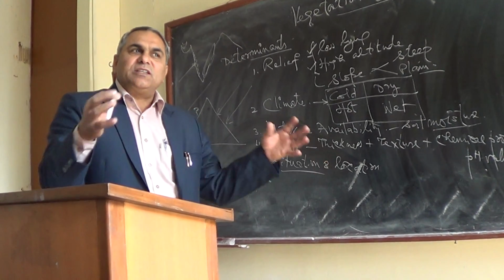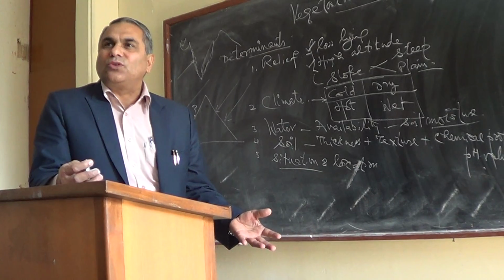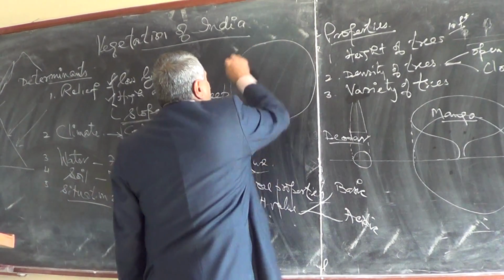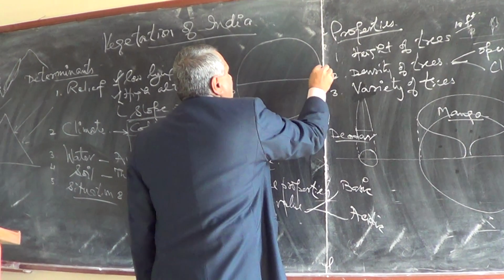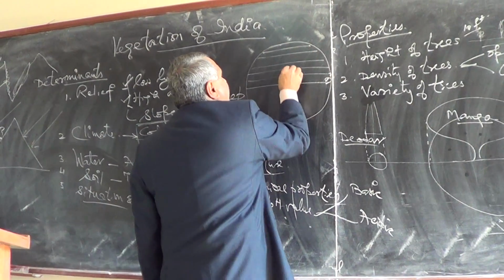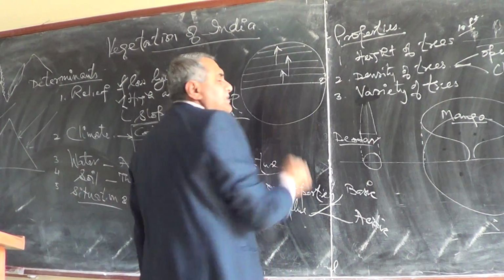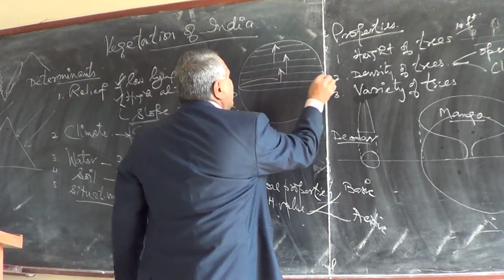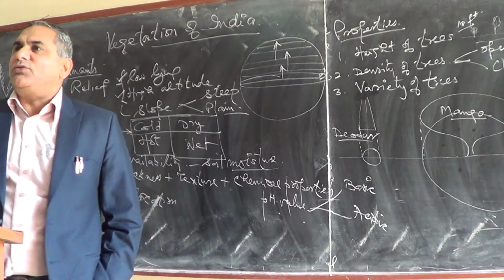More biodiversity means more suitable conditions to grow trees. If we go away from the equator, suppose this is the equator, 0 degrees, as we go away to higher latitudes, the density decreases. As we come closer to the equator, we have the maximum diversity of vegetation.